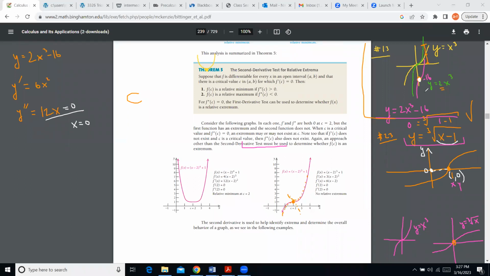So we're always trying to find what x values give us those special cases. And when I say, how do you know this point is actually -16? Well, we always find points by plugging into the function what we just found. So instead of x, I put 0, and I see that indeed y is equal to -16.